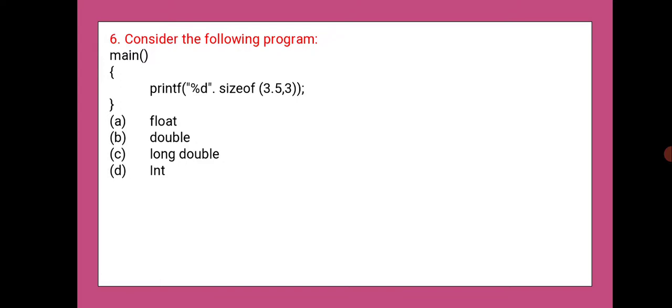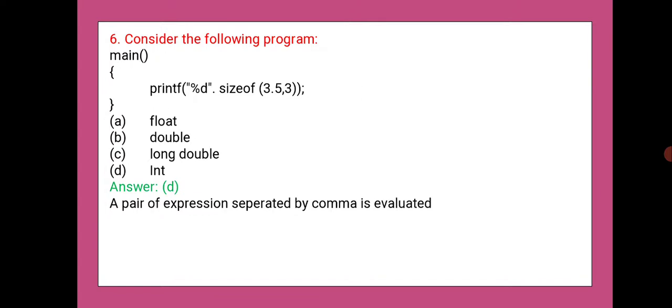Float, double, long double, or int? It is obviously int. The size of something is int. A pair of expressions separated by a comma is evaluated left to right and the value of the left expression is discarded. So the type and value of the result are the type and value of the right expression.